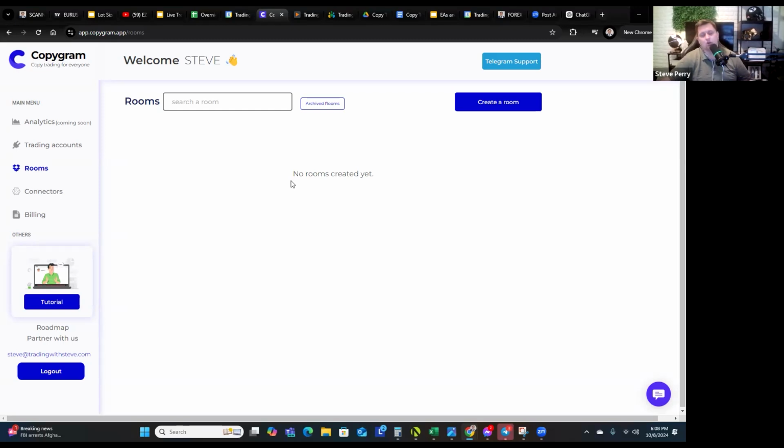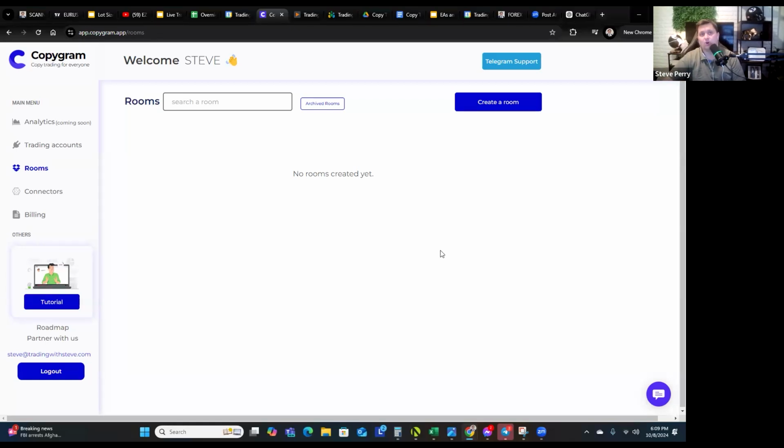Copygram is a service that allows you to do that. So you can connect your accounts to Copygram, and then you can create what's called a room. Once you create the room, you can start taking trades in the master account, and then the slave accounts or follower accounts will take the exact same trade, which is super awesome.